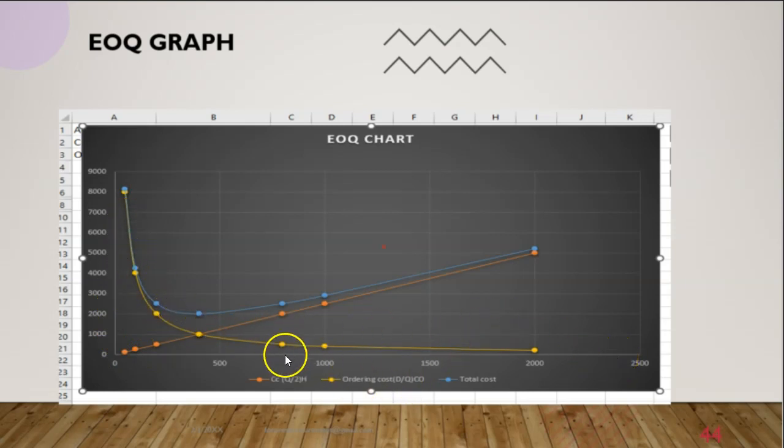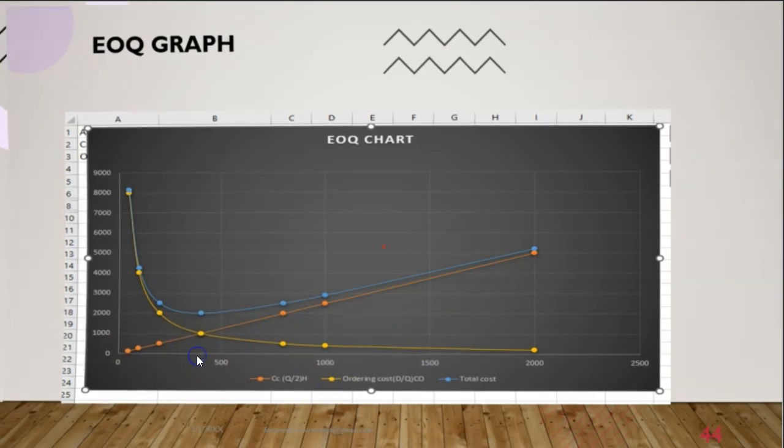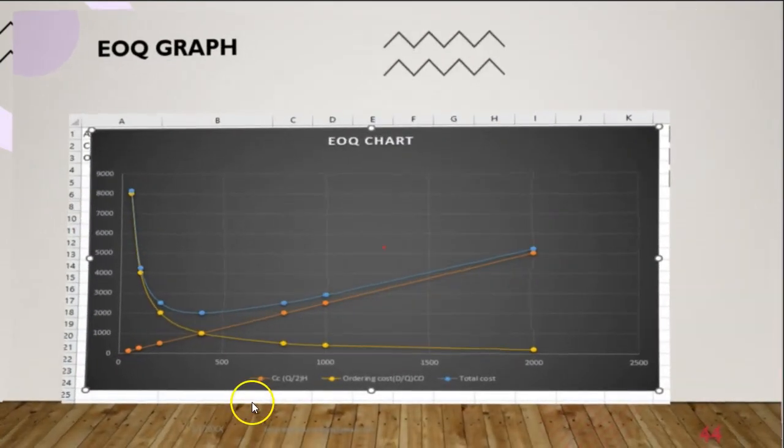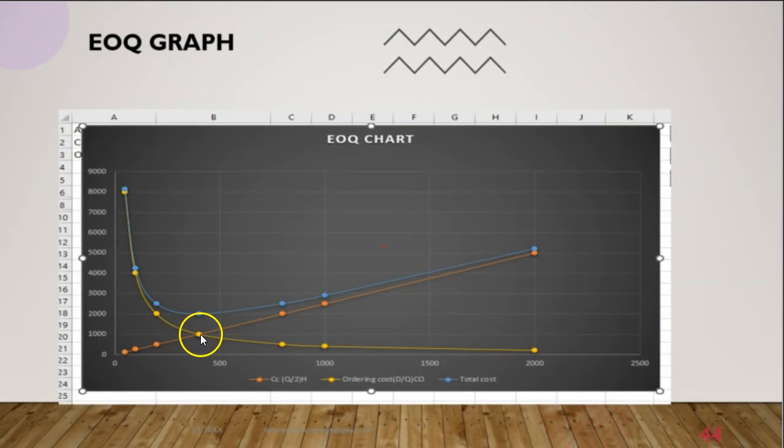If you look at the point where these two costs, that is the ordering cost and the carrying cost, meet, and you drop a line down from here, you will discover that that is 400, because next to that is 500.